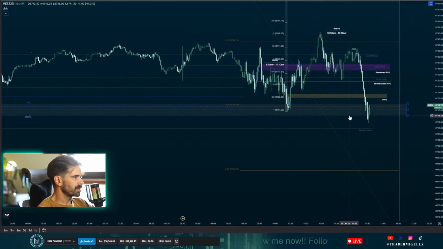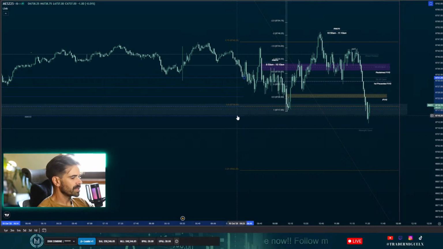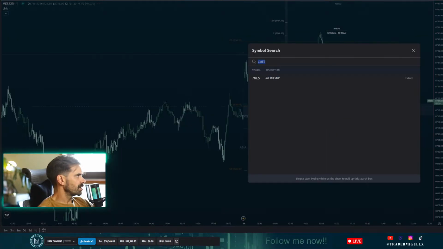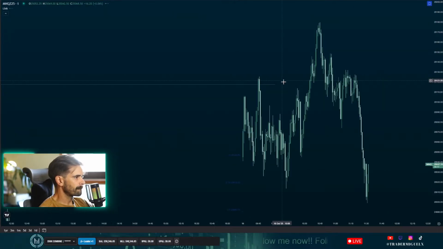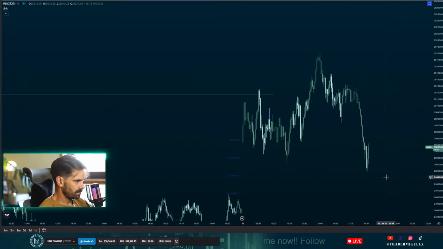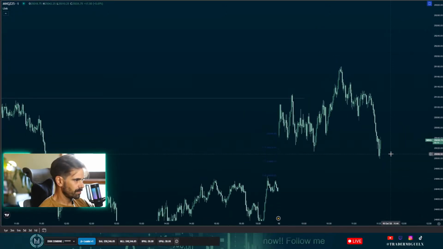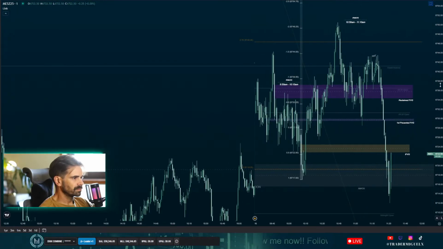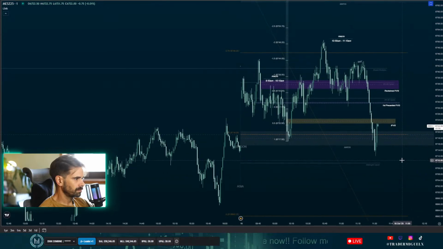At this point, we already closed the opening range gap on ES, but I guess we didn't on NQ. Let me just check. Yeah, we didn't. So there might be some room to the downside, but at this point we took out sell side liquidity here. We took out this regular trading hours session low in the form of sell side liquidity.